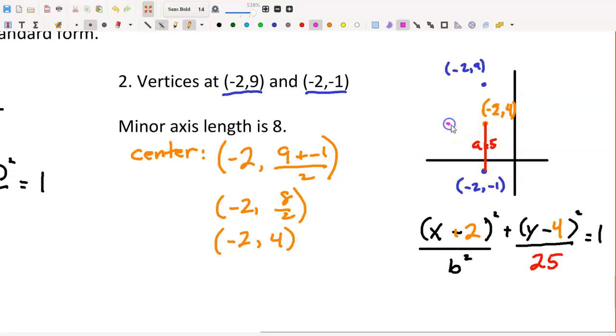So all the way across, this is a length of 8. So what's the value of B? Yeah, so B, because of that, B will equal 4. All right, so B squared is 16. Voila. Something like that. Close enough. Good.